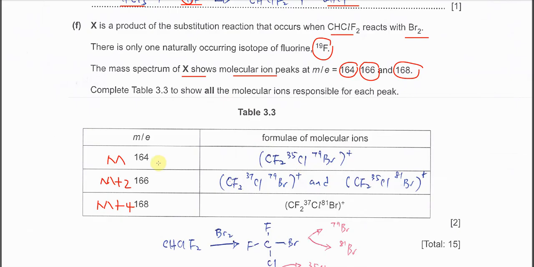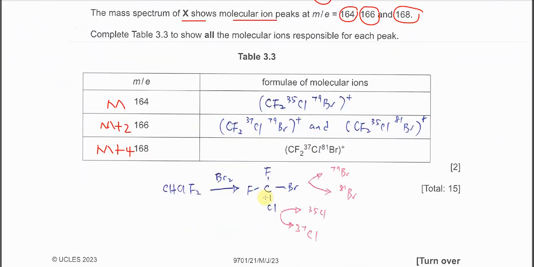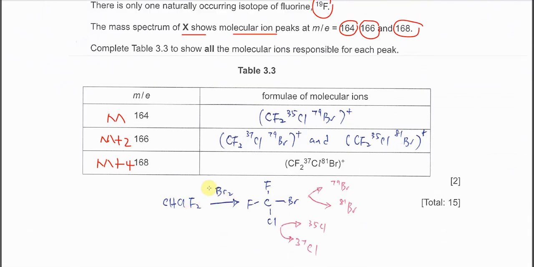Because this one is the lowest mass, we know that, in this molecule, first before we discuss this, this is a reaction. It's better to let you know how it works. From the question, we know that the hydrogen is being substituted by bromine.